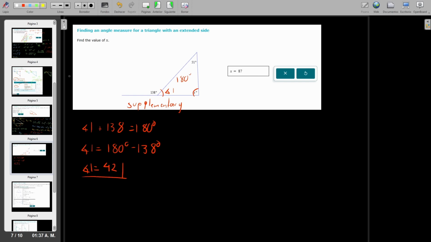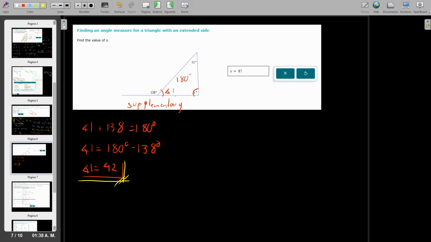Remember this, 42. Why do we need to remember this? Because the angles of the triangle are going to give us 180 degrees.